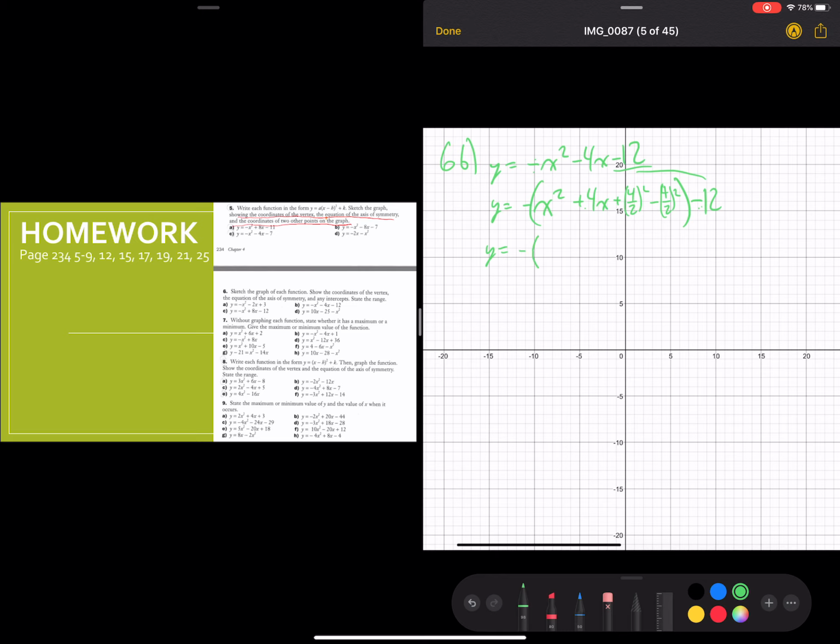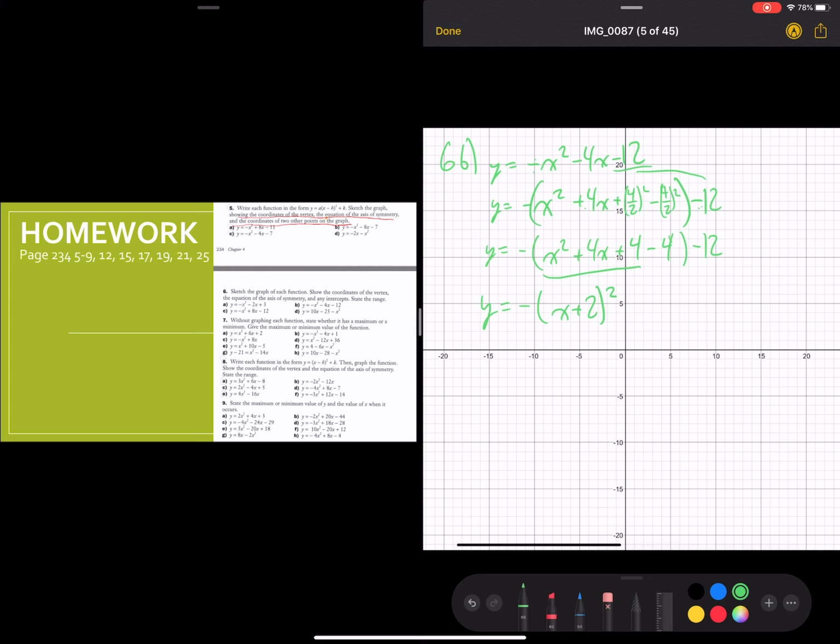Y equals, let's just rewrite it, plus 4x, plus, what's 4 over 2? 2 squared, plus 4 minus 4 over 2, which is 2 squared, is minus 4. Minus 12. Y equals, by the way, this is a perfect square. Minus x plus 2 squared.